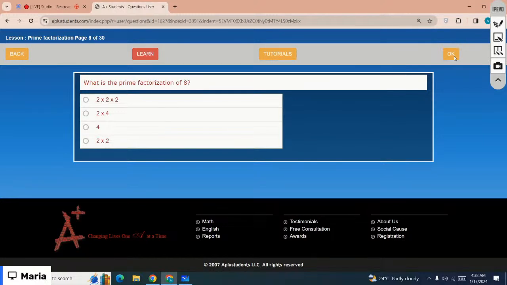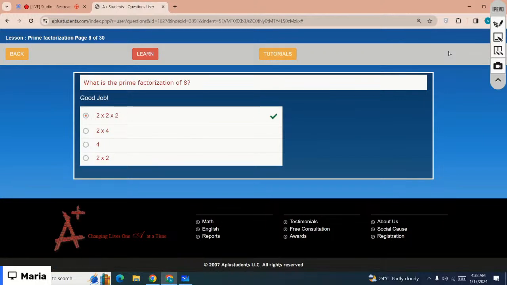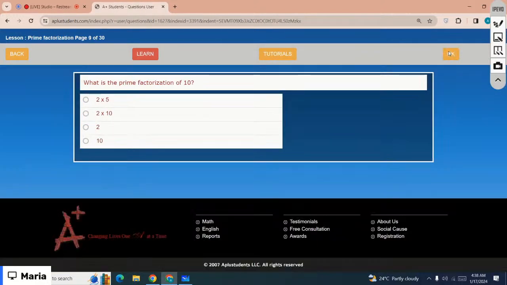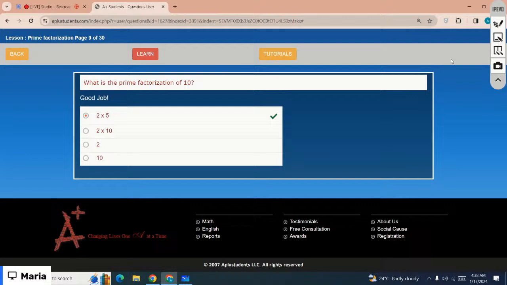That is option number 1. What is the prime factorization of 10, which is the correct option? Yes, that is 2 times 5.